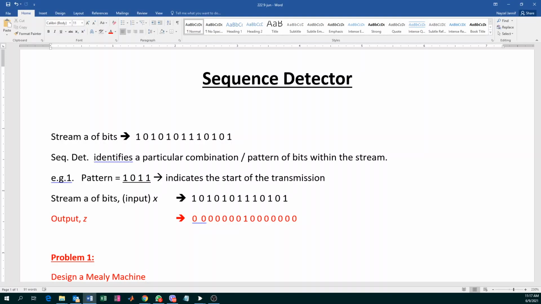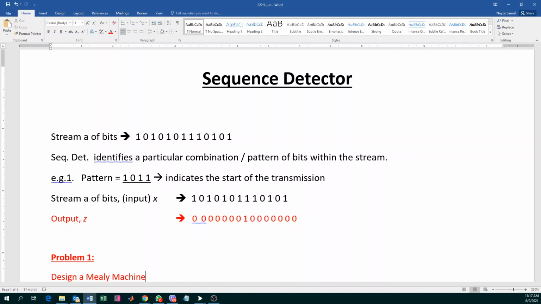So a Mealy machine is a machine whereby the output is bonded together with the input line.